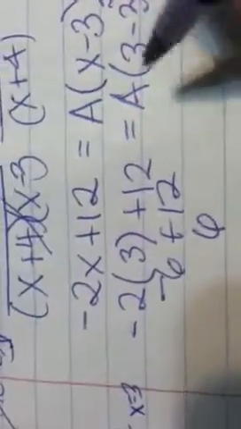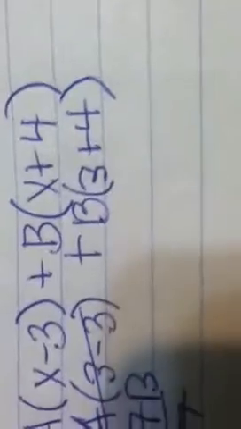So now we get negative 6 plus 12, which goes down to 6, is equal to, this I'm just going to say goes away because that's 0, and so it's equal to 3 plus 4 is 7, so 7b. So here 6 is equal to 7b, we divide by 7, divide by 7, so b equals 6/7.